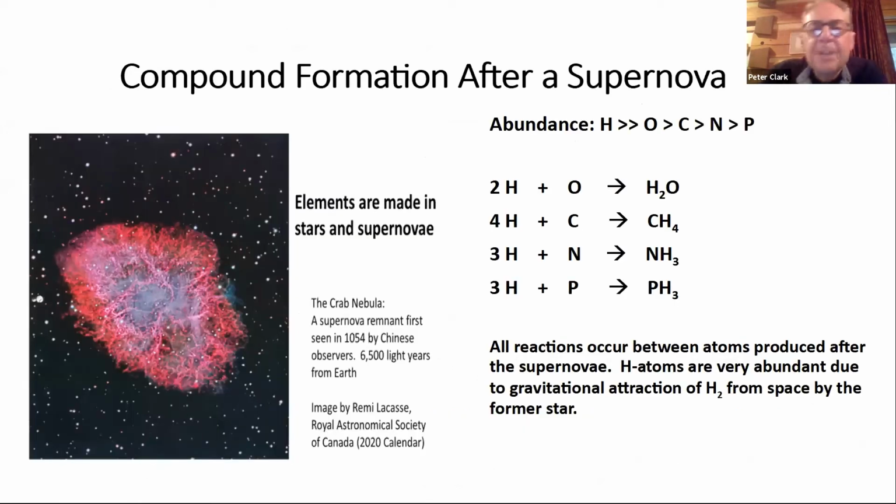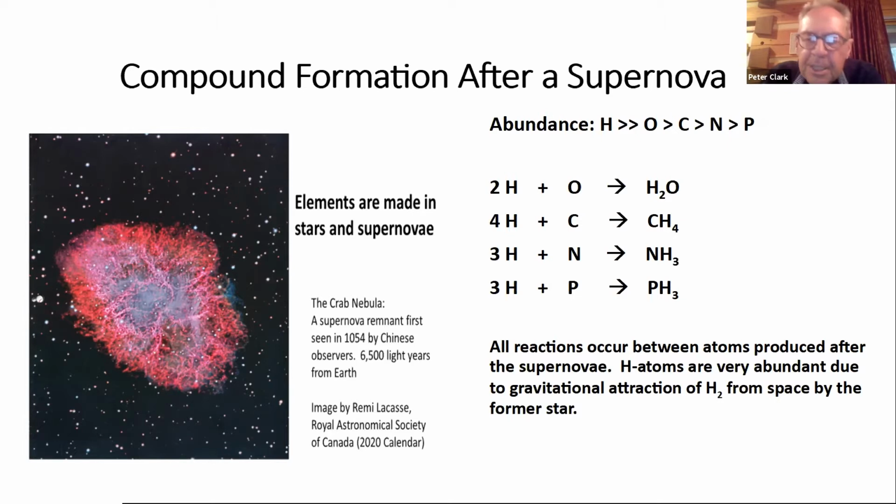Okay, so what happens after a supernova? I've written just in general terms the abundance. So hydrogen is much more abundant than oxygen, carbon, nitrogen, phosphorus. The atoms, as they are ejected into space, are most likely to encounter hydrogen just because of its abundance.